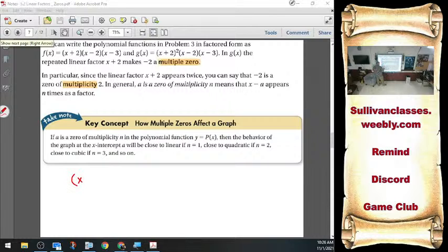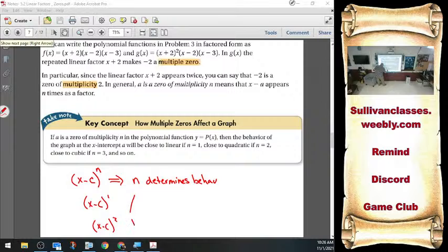If I have x minus c, so whatever the zero is, just a number, then n determines the behavior. For example, if I have x minus c to the first, it's going to look like a line. If I have x minus c to the second, it's going to look like a parabola, and it's going to bounce off of that zero.